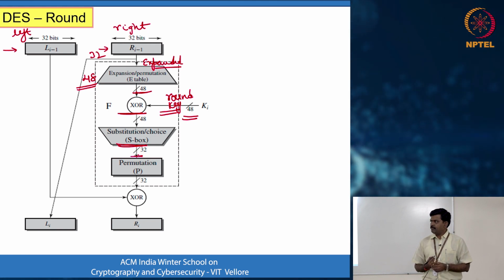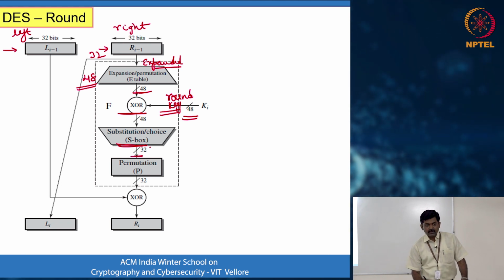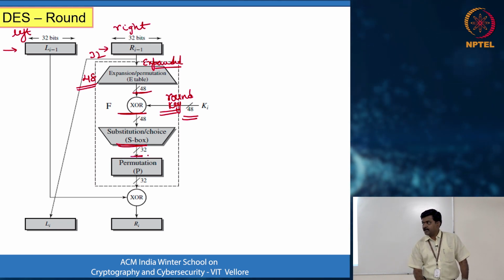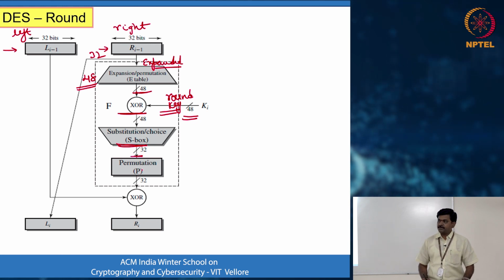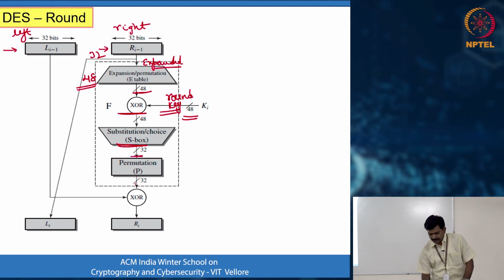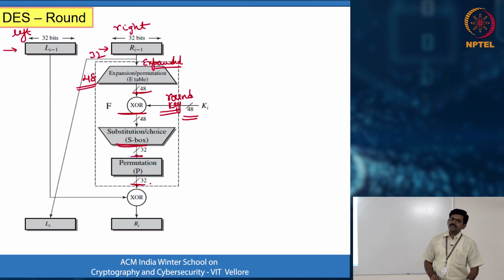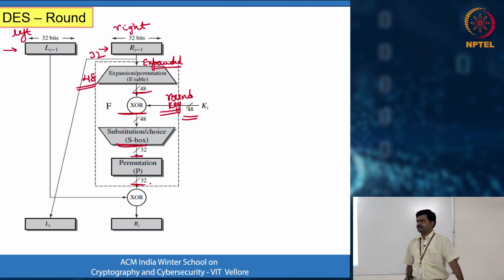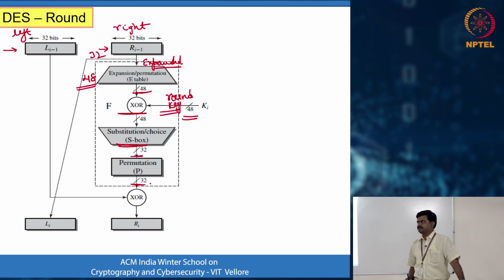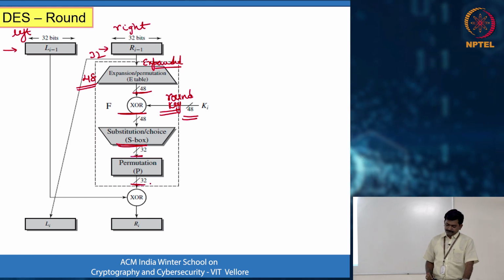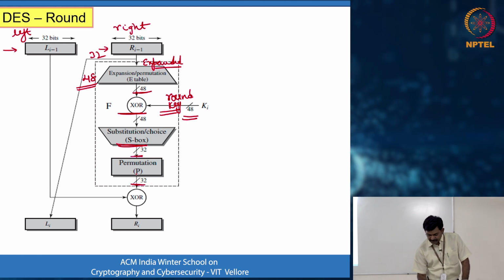Then the output of this 32 bits undergoes a permutation operation to produce 32 bits. It's a straightforward one. Then the output of that gets XORed with the left half.